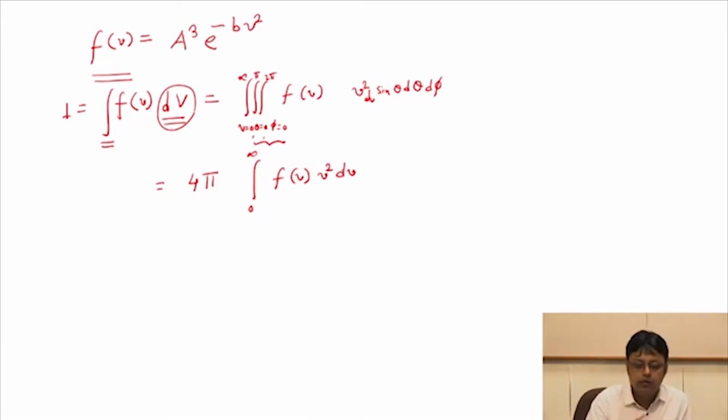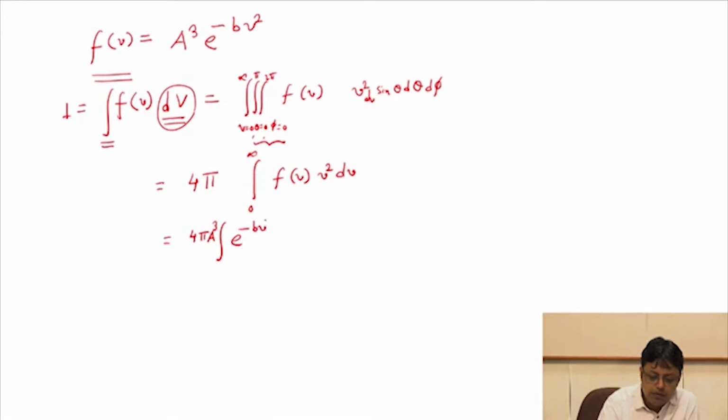That we are going to evaluate, and that we know should be equal to 1. Now let us write the value of f of v, that is A cube. A cube also we can keep out of the integration, so 4 pi A cube, and then we have e to the power minus b v square into v square into dv.